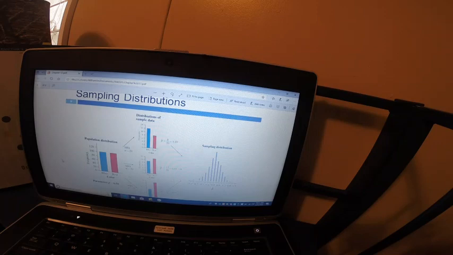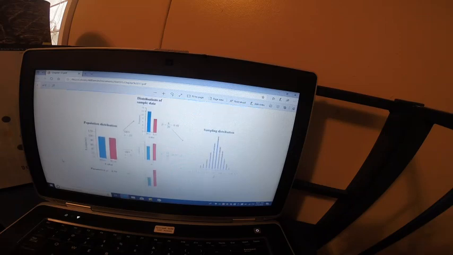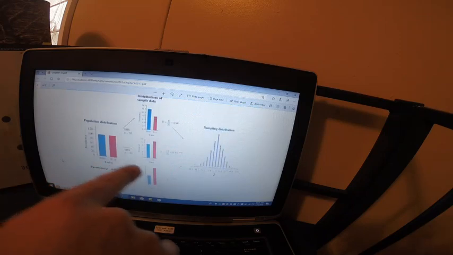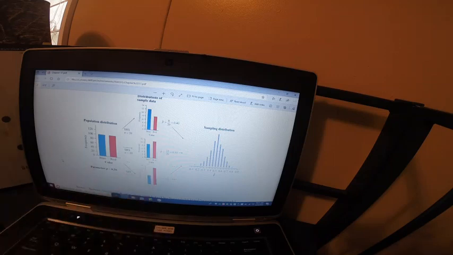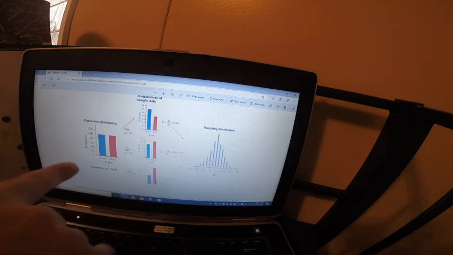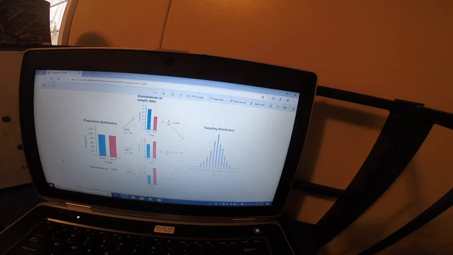Or if I take another sample, I could wind up with 9 blue marbles and 11 red marbles. So each sample you take can have a different percentage of red or blue, but the overall population distribution is always going to be that 50-50 percentage.